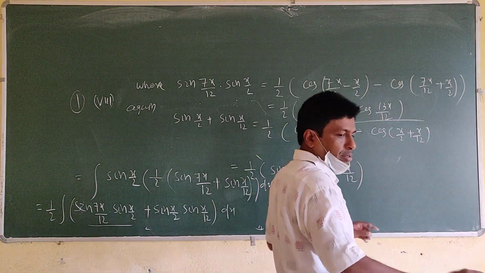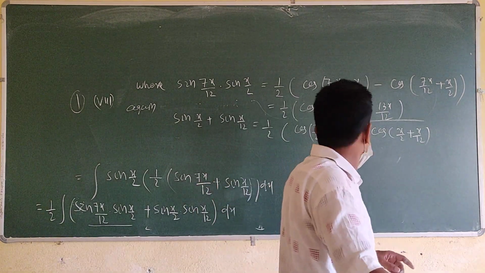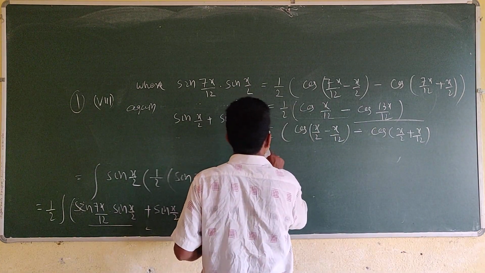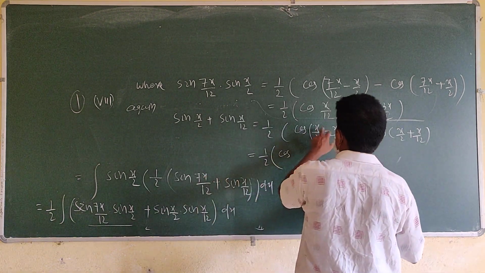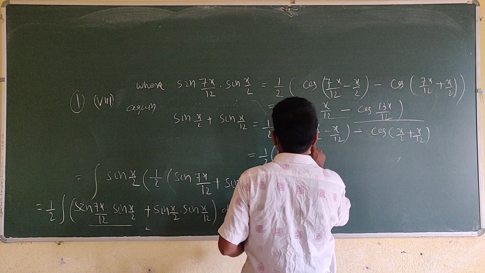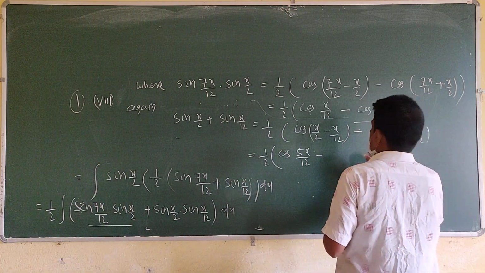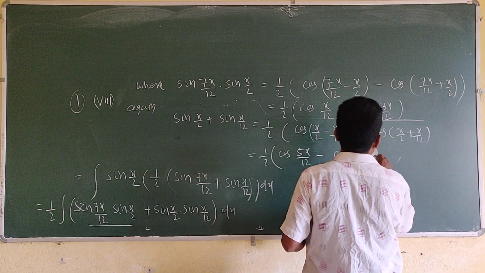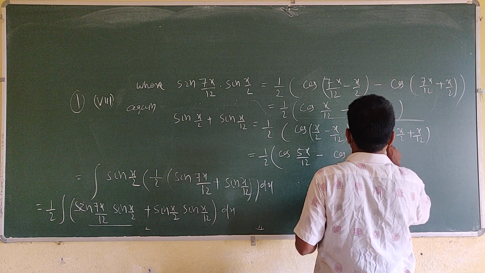That equals half cos, LCM 12, 6x minus x, that is 5x by 12, minus cos, LCM is 12, 6x plus x, that is 7x by 12.